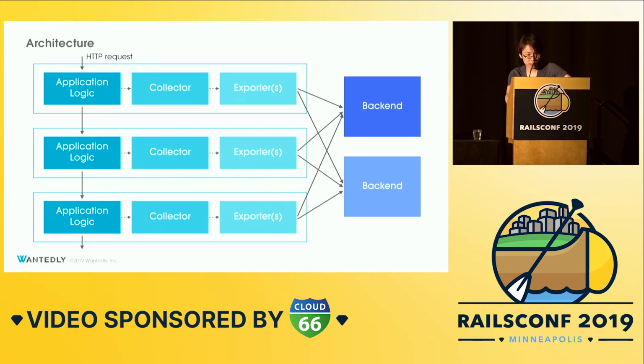And this illustrates the rough architecture of OpenCensus. We have three applications calling sequentially here. Each application has a collector and exporter module provided by the OpenCensus library in any language. The exporter module sends spans to the backend.